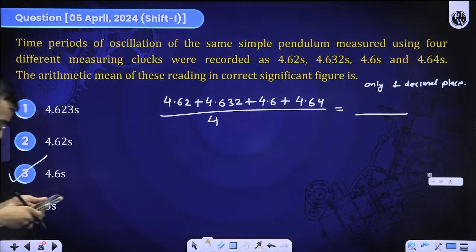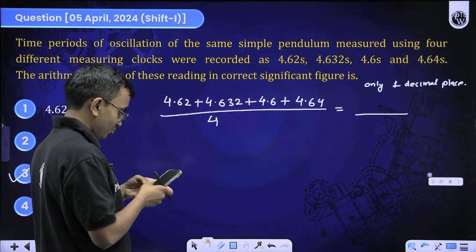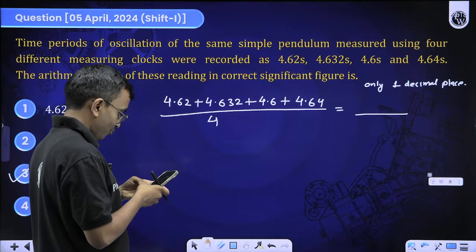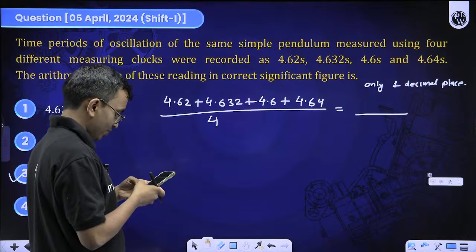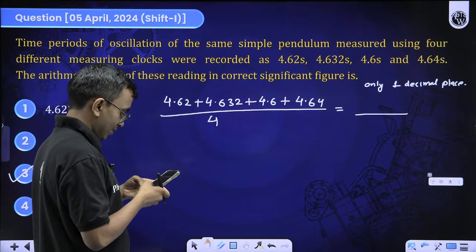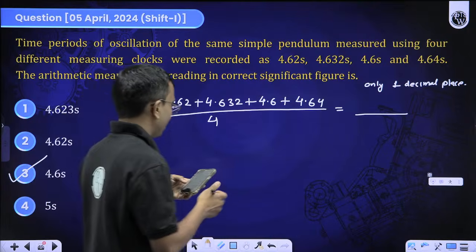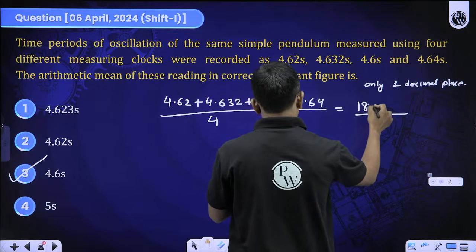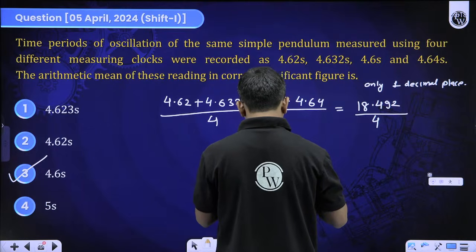But let us do the calculations also from my side. This is 4.62 plus 4.632 plus 4.6 plus 4.64. So what is it? This is 18.492 divided by 4.